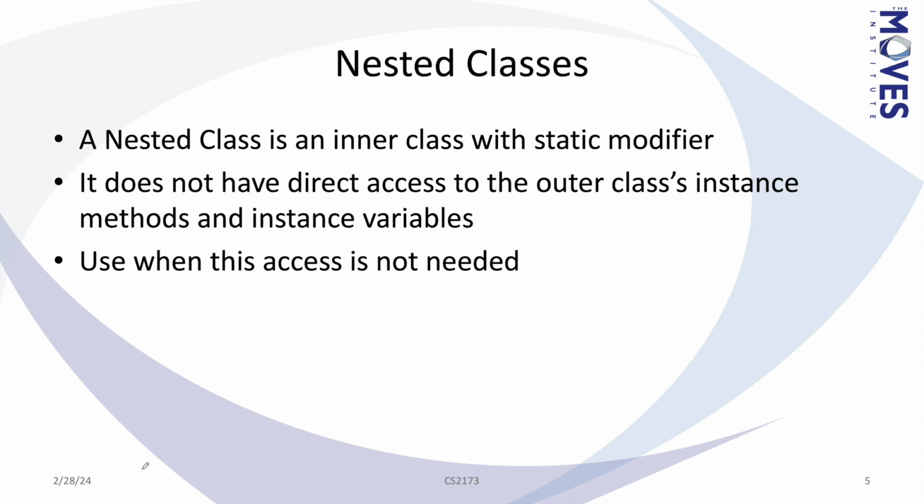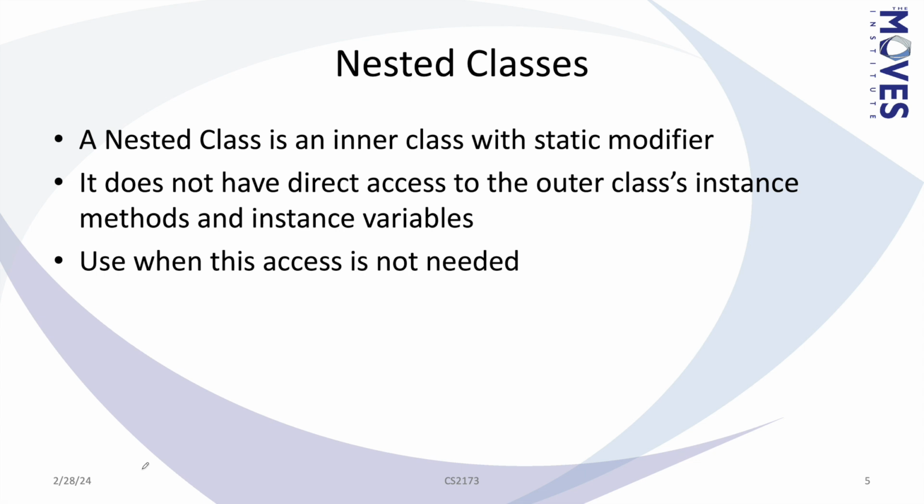But the thing about a nested class is that just because it's static, there's only one instance of that class per outer class. Whereas with an inner class, you have multiple instances of it, and you want that because each instance is going to have to refer to the other one.